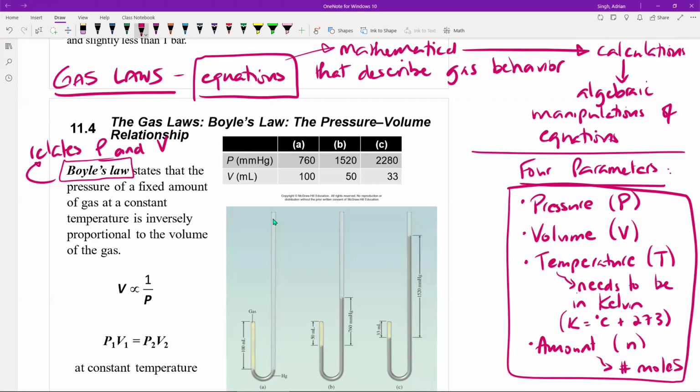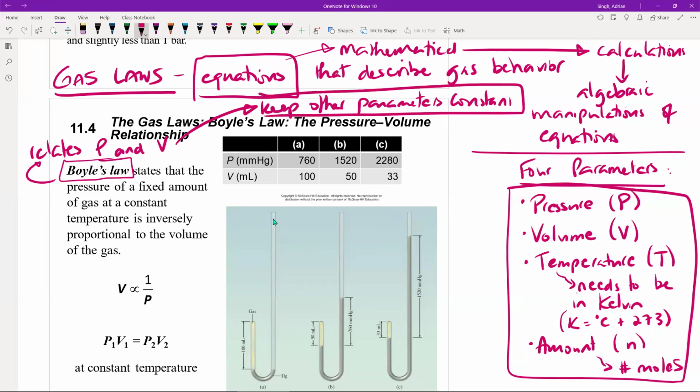For the other ones that are not involved, we say that we're going to keep those other parameters constant. In other words, those other things are not changing, so we can ignore them for all intents and purposes.